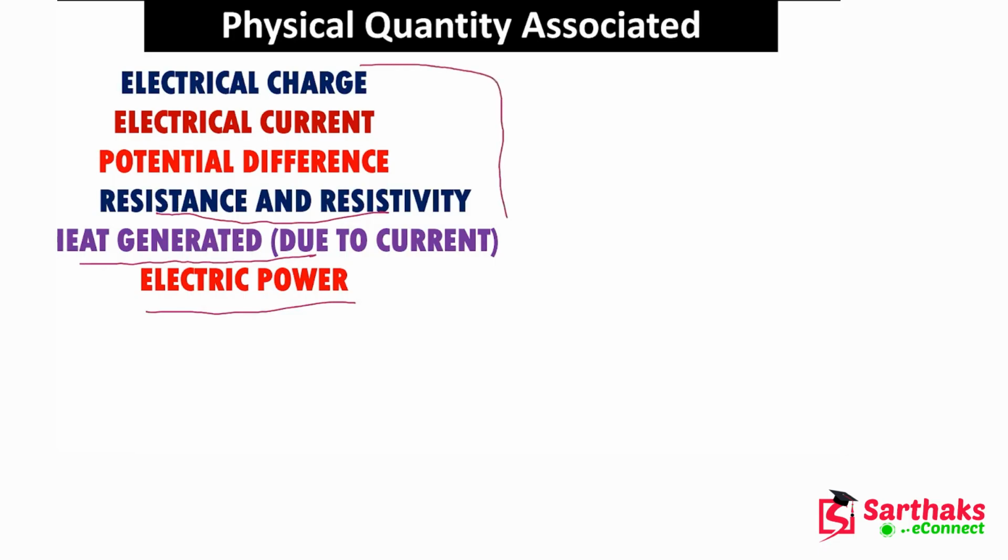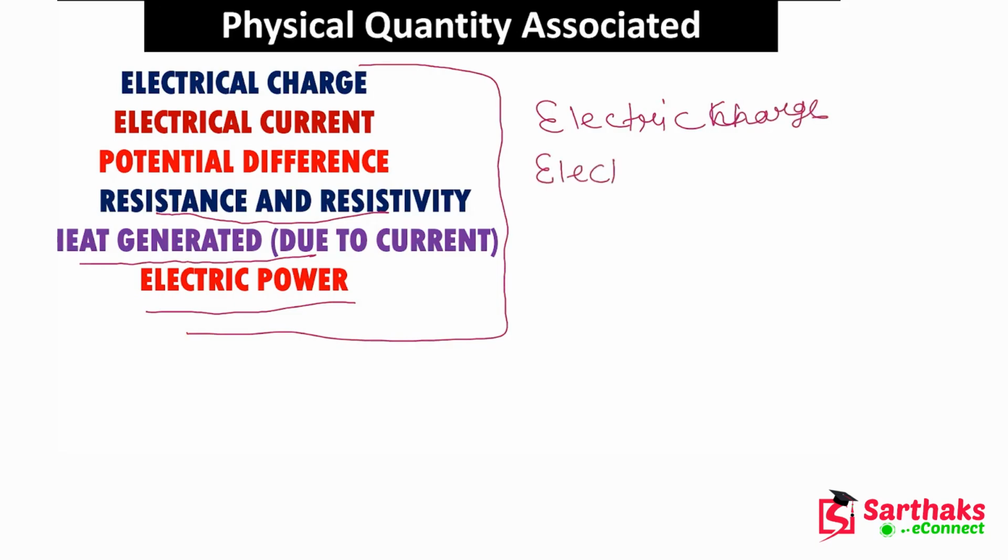All these things we have to study in this chapter. Yet we had discussed electric charge, electric current, or you can write it electrical current also. Now we are yet to discuss potential difference, resistance, heat generated due to current and electric power. So we will definitely discuss it.